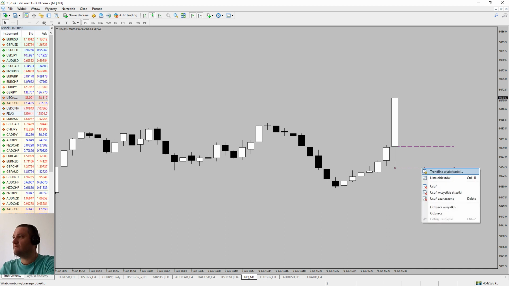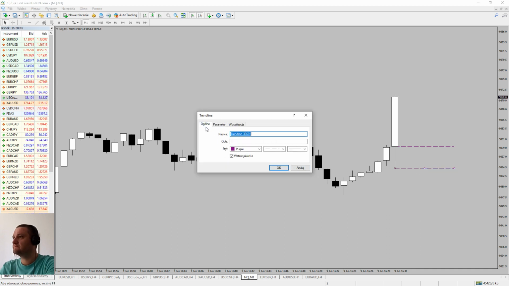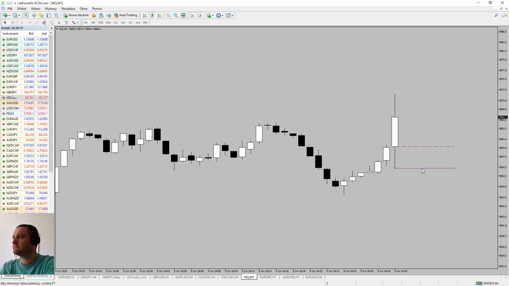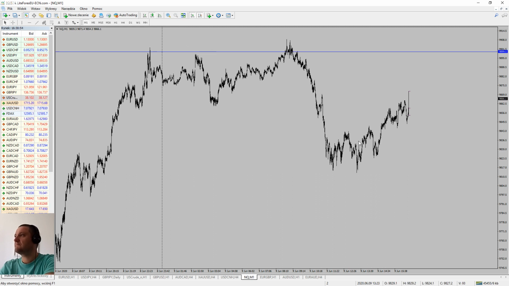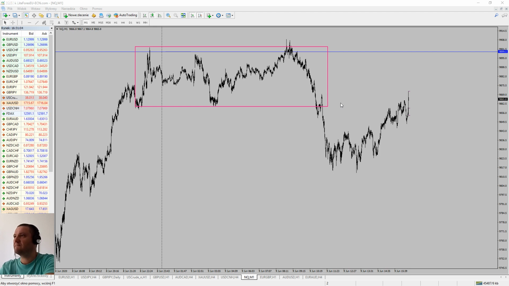That's the low for now. That's the high for now. I'm not going to be surprised if we are going to see a stop count to the upside.